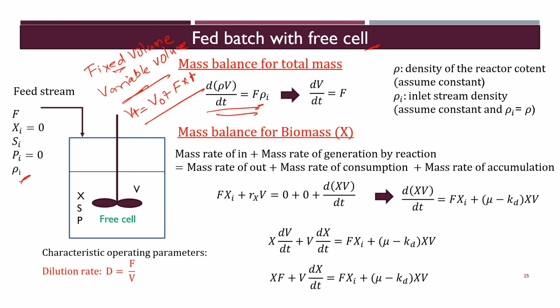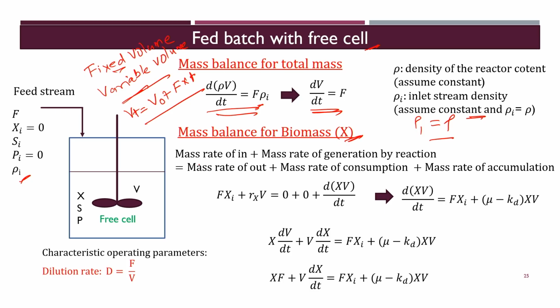Typically in fermentation we deal with dilute media, so we assume rho I equals rho. So, rho we are assuming constant. So, it becomes dV/dt is F. The flow rate is defined as dV/dt. Now, let us go for the mass balance for biomass.